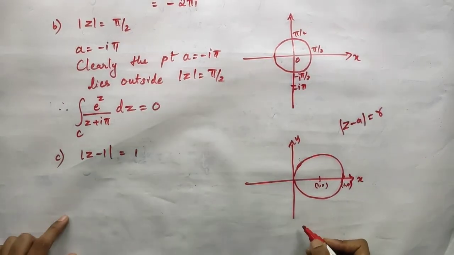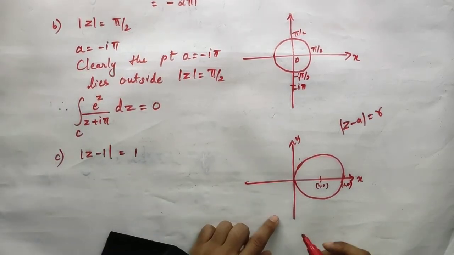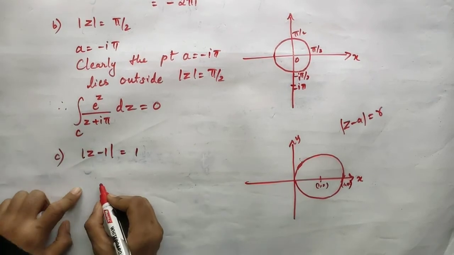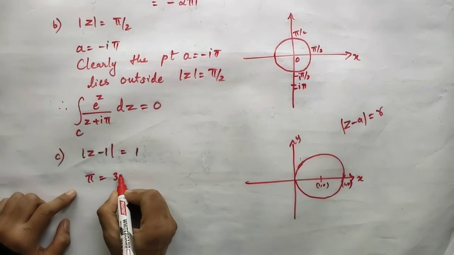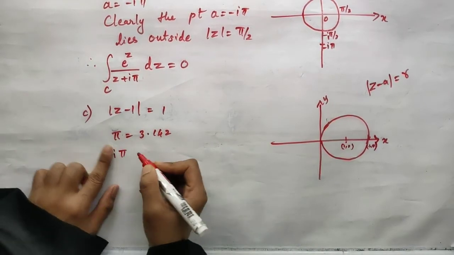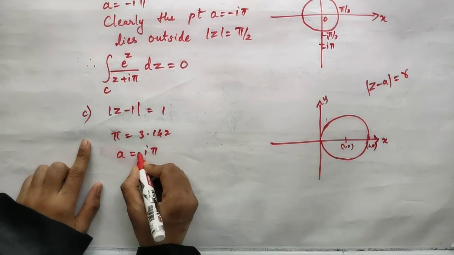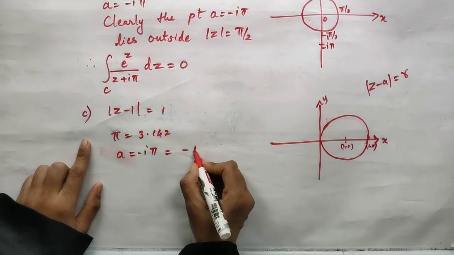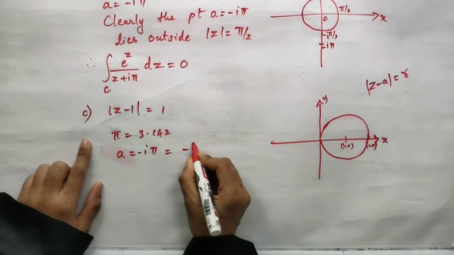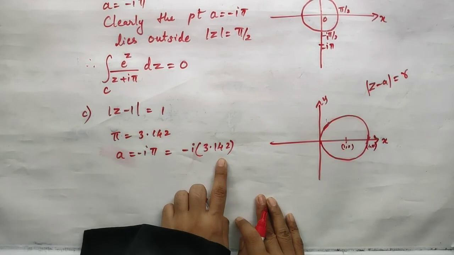Now look at the point a is equal to minus I pi. What is the pi value? Pi value is equal to 3.142, right? So a is equal to I pi with a negative sign, which is minus I into 3.142.